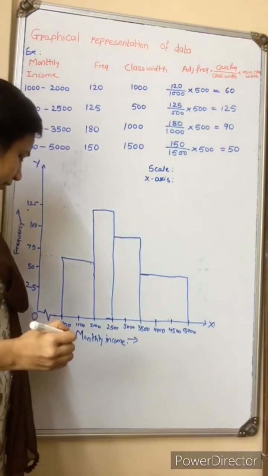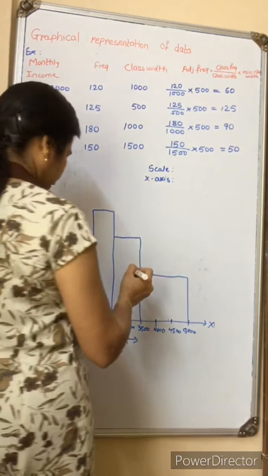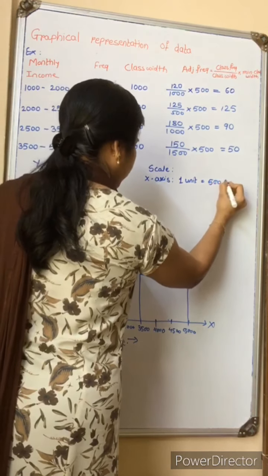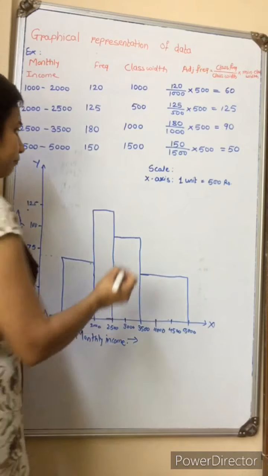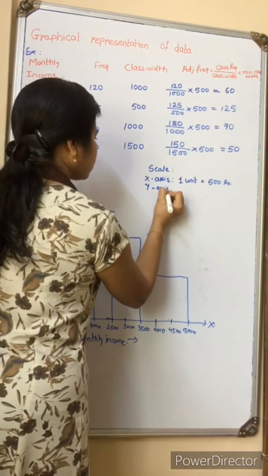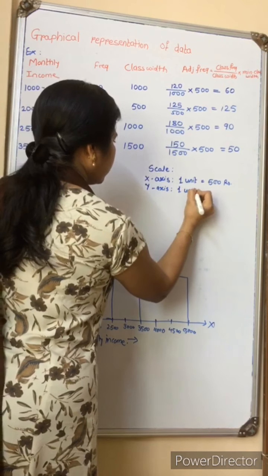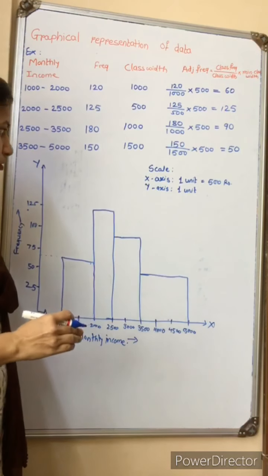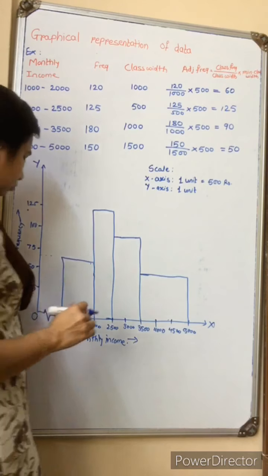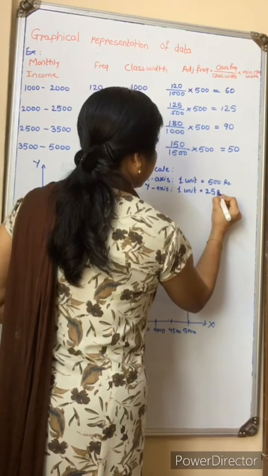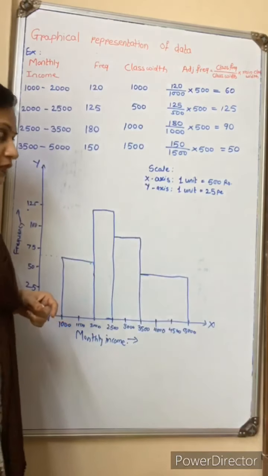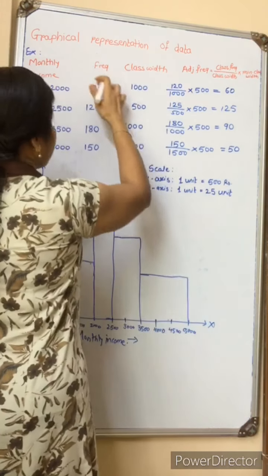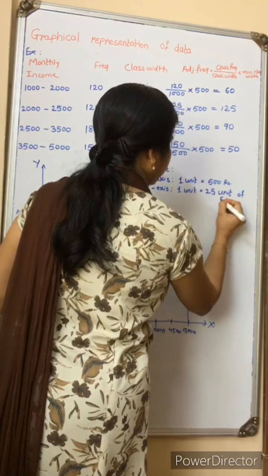On the x-axis we take the difference of 500, so 1 unit is taken as 500 rupees, because here income is given. On the y-axis, if you take 2 boxes on graph paper or 2 centimeters as 1 unit, here 1 unit is equal to 25 frequency. If people were given I could write people, but it is not given here, so I write unit of frequency.